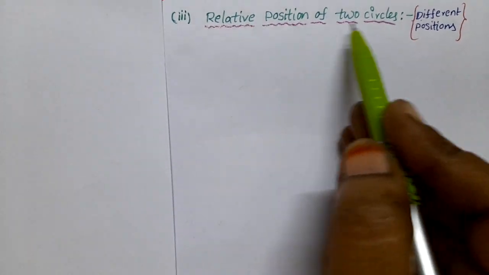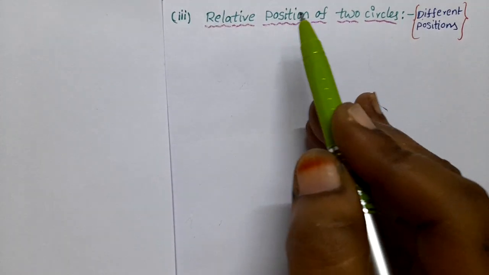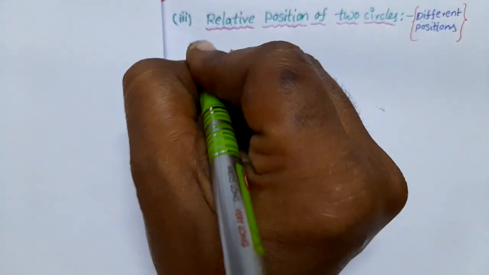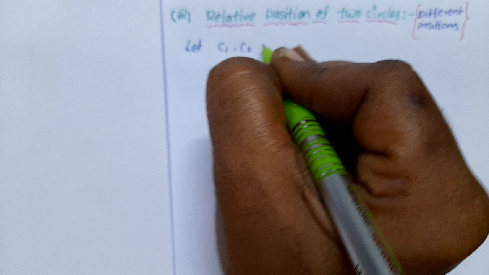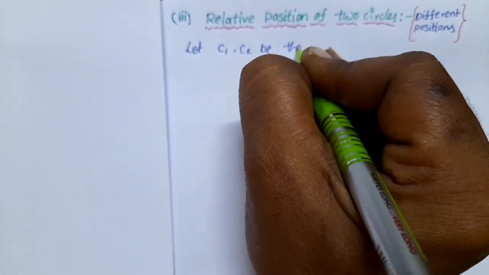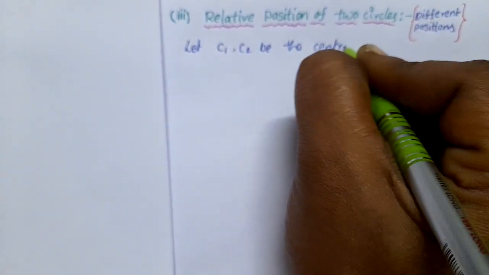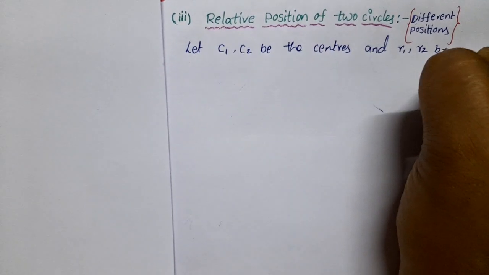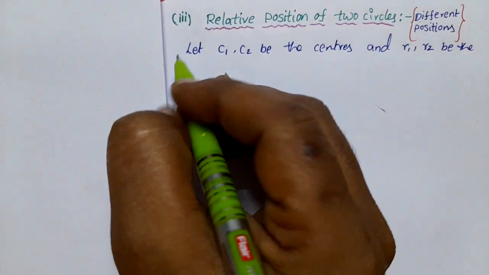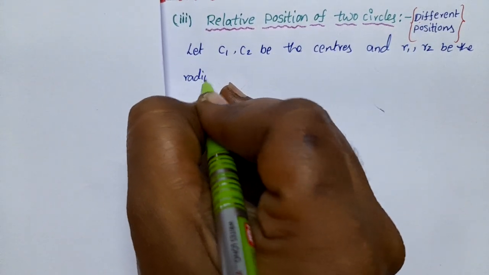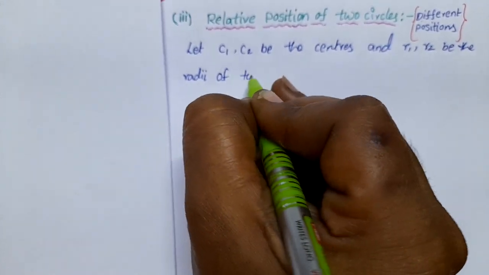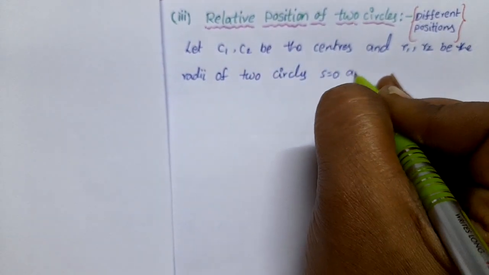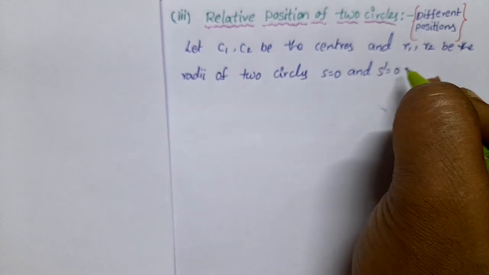Next one, relative position of two circles. Relative position means different positions of two circles. Let C1 and C2 be the centers and R1, R2 be the radii of two circles S equal to 0 and S dash equal to 0.